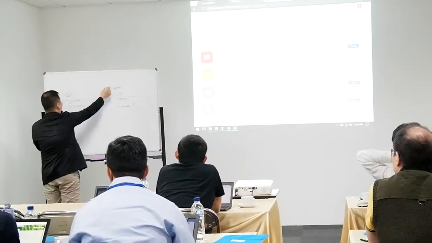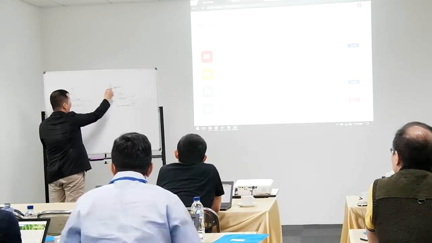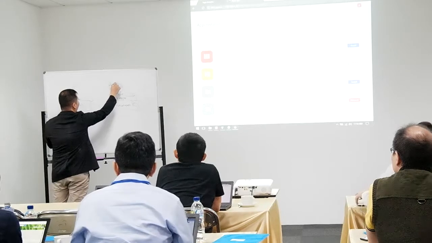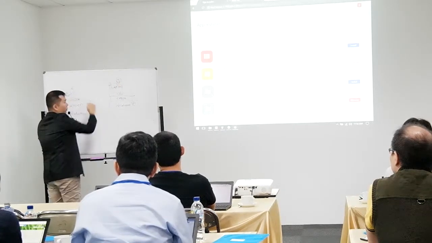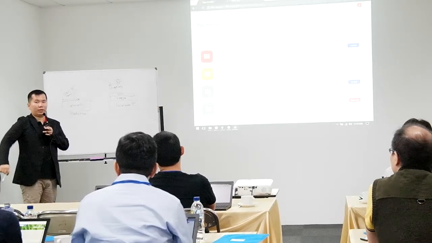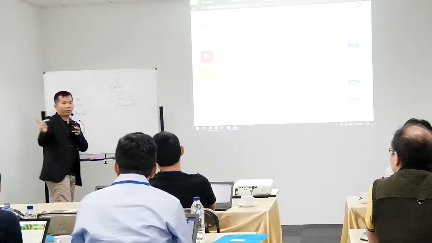If you want to change something in ERPNext, basically you have to fork ERPNext first, make a change in the code, and then do a pull request, because the maintainer for ERPNext is the Frappe team.